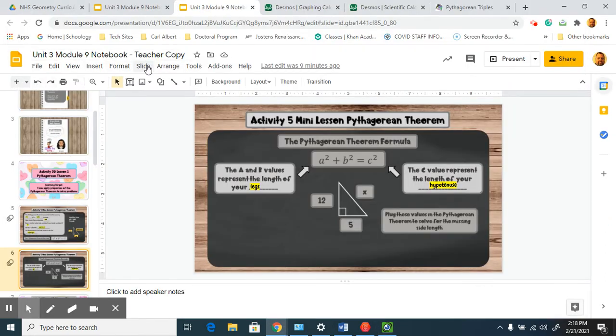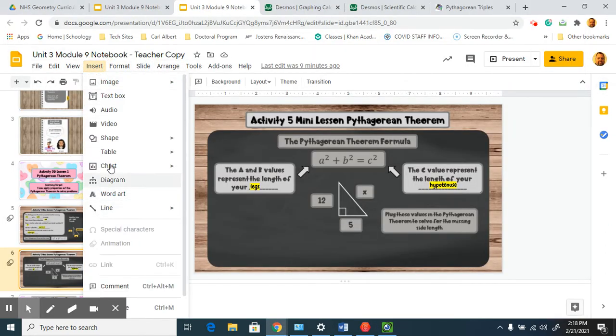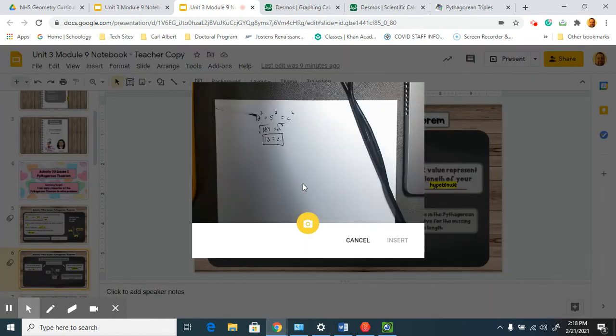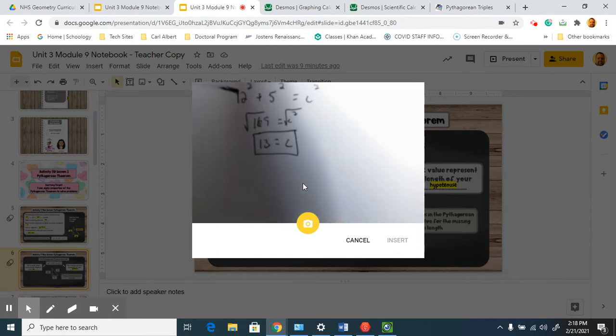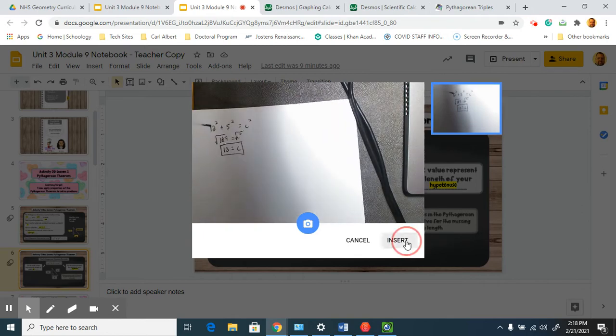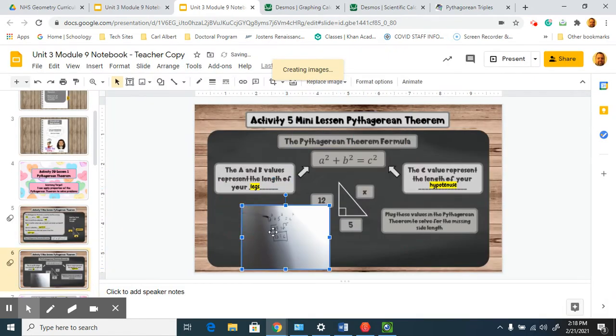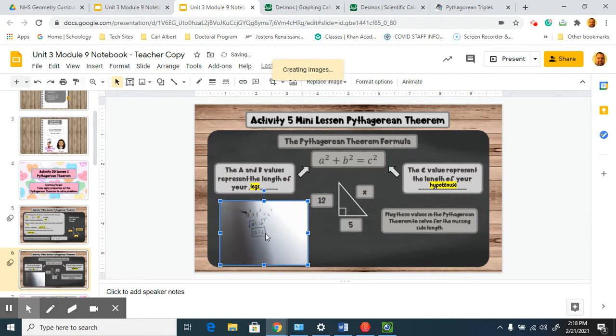If you want to insert a picture, go to the right place and just take a picture of that. You can stick it down here in the corner. That way you know. We've done several of these, so this is just the basics.